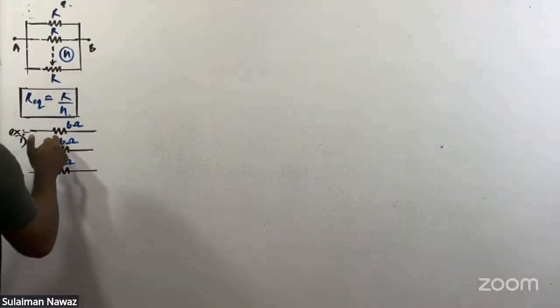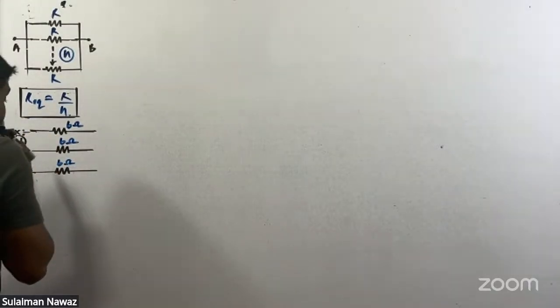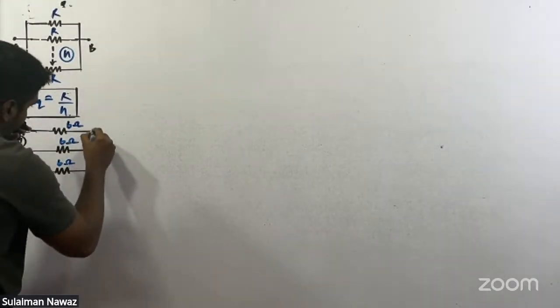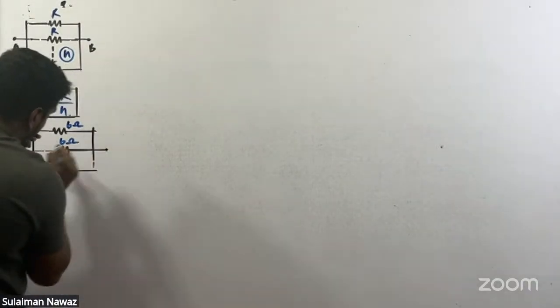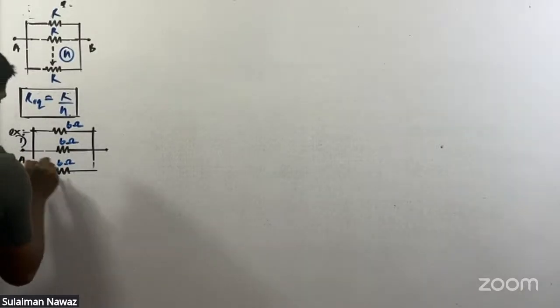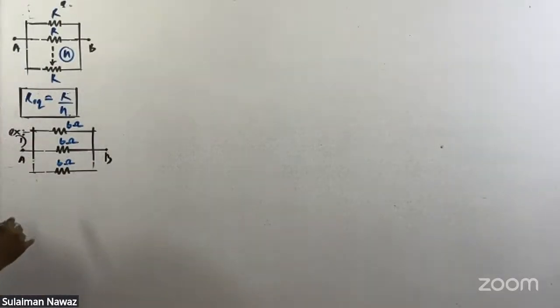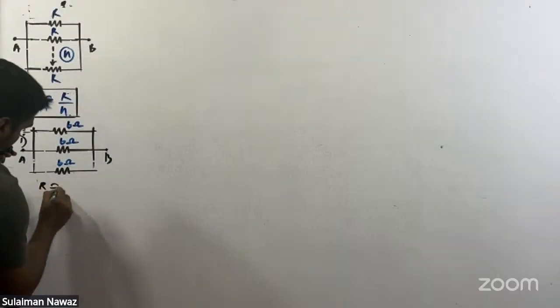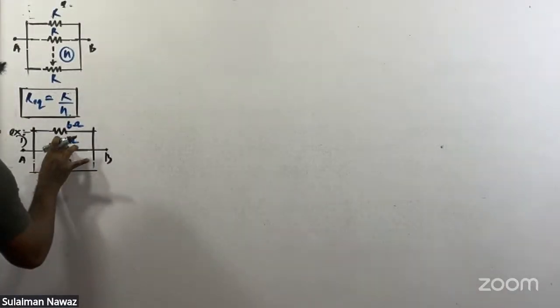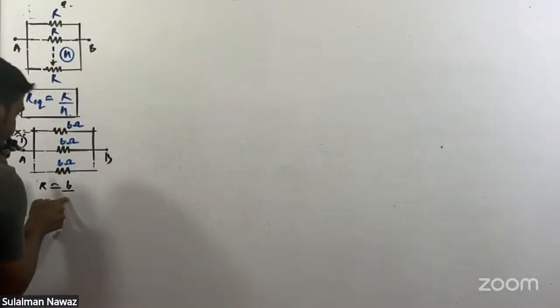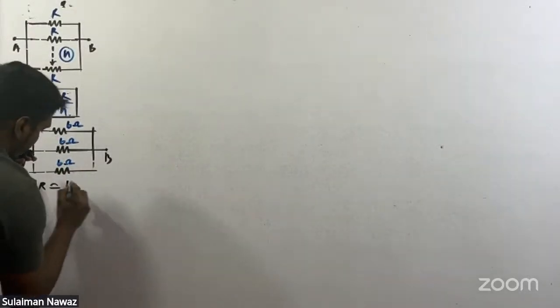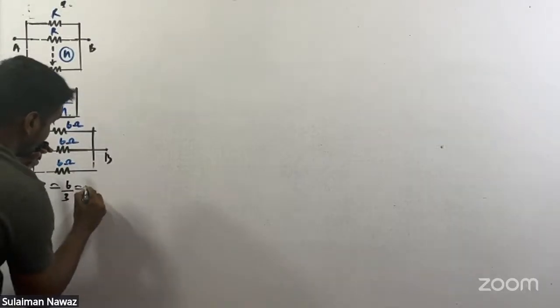We understood that there are three resistors in parallel having the same resistance, 6 ohms. If I want to find the equivalent resistance, that is equal to the resistance of one resistor, 6, over the number of resistors in parallel, 1, 2, 3. Our equivalent resistance is going to be 6 over 3, which means 2 ohms.